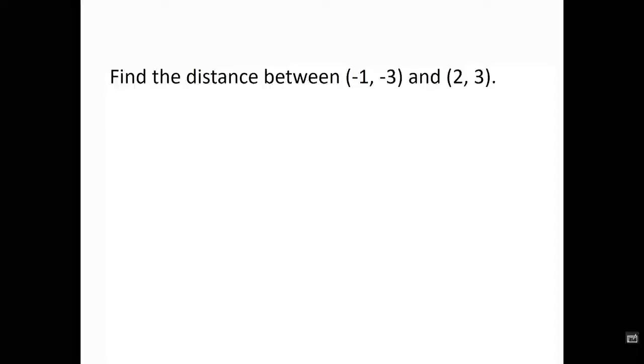So now let's use the midpoint formula to answer the question. Find the midpoint of the line segment with points 1, 2, and 7, negative 3. All right? So for the x coordinate of the midpoint, let's add the x coordinates: 1 plus 7 divided by 2.